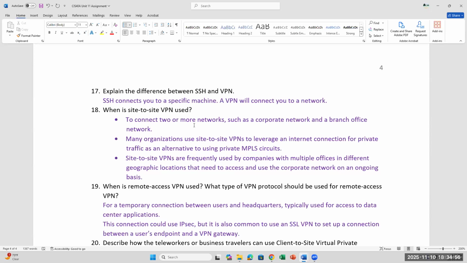An example of this, I give you a list of it. You have a site-to-site for corporate to branch. You can also use it to connect private traffic to a private circuit. That's old. You would use site-to-site for partner companies. For example, I'm Target. I buy a lot of product from Disney.